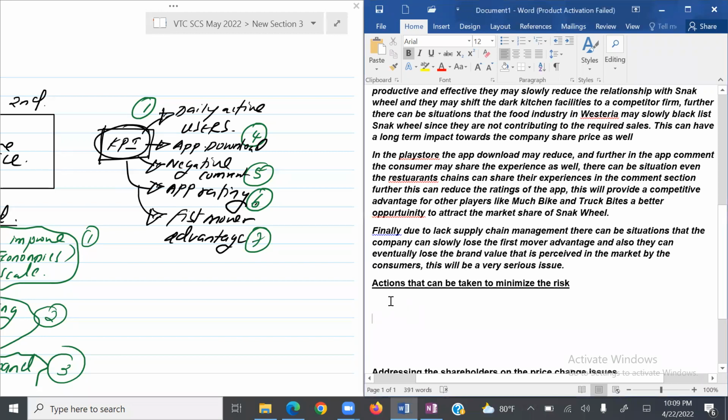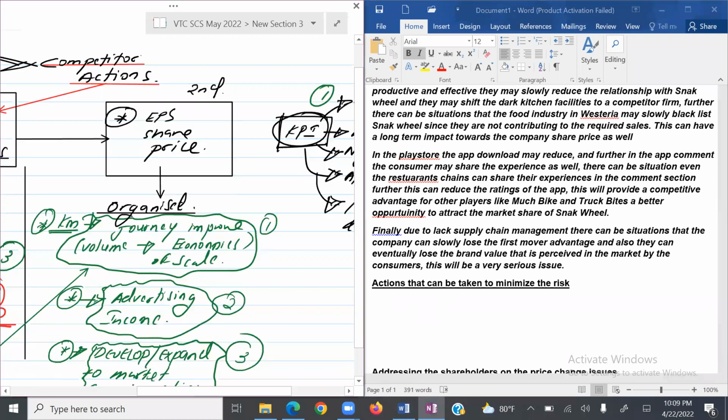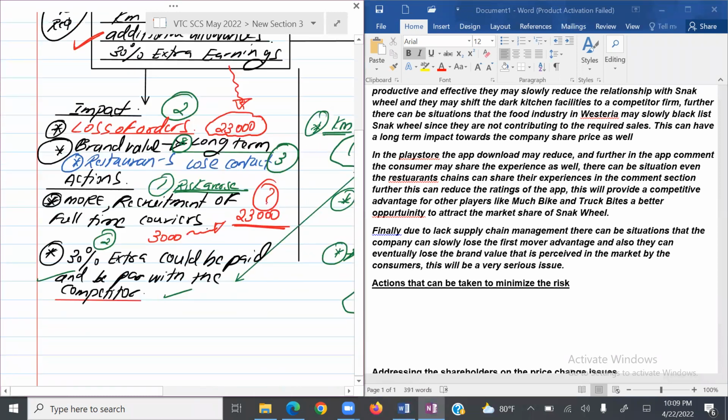Next, actions that can be taken to minimize the risk, with the recommendation also. So one action is we can increase the full-time employees, but the problem we will be facing is that, going from 3,000 to 23,000, it's very difficult to go for 23,000 immediately, and it will effectively be an overhead cost as well.